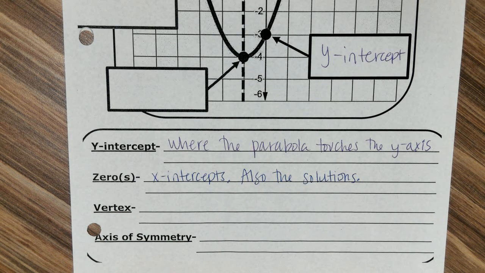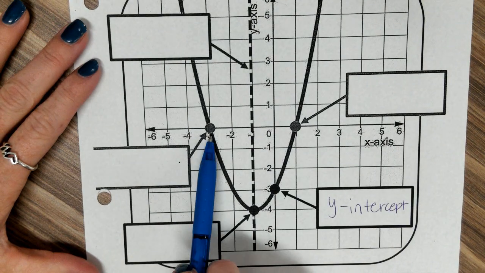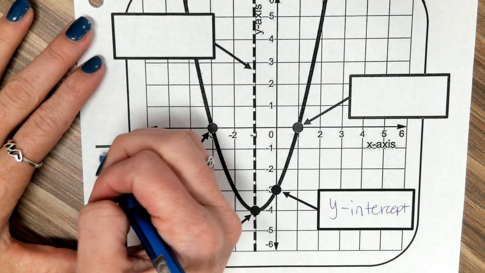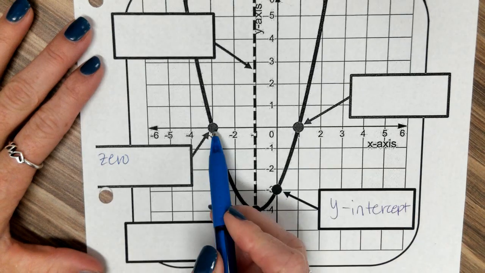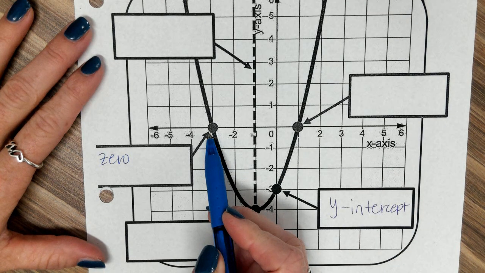So on your EOC, on your STAR test, they might say, what are the zeros? They might say, what are the x-intercepts? They might say, what are the solutions? Every single thing means the same thing with those three terms. So here we have an x-intercept, or also known as a zero, because this is where it's touching the x-axis.